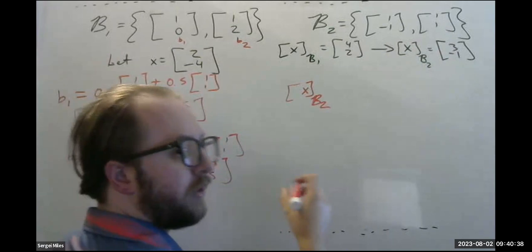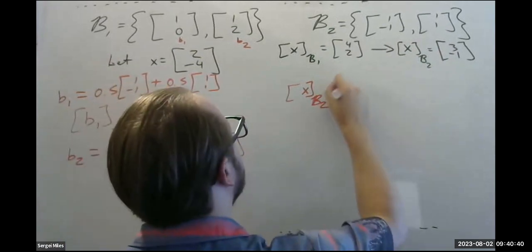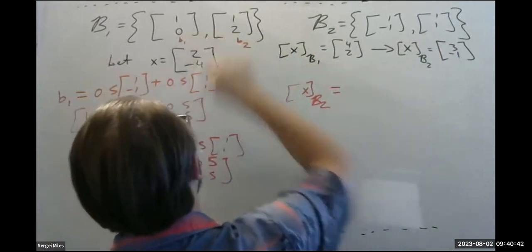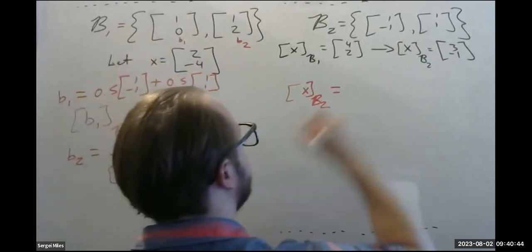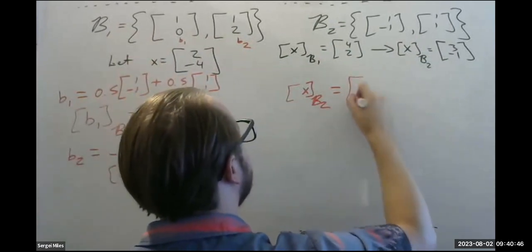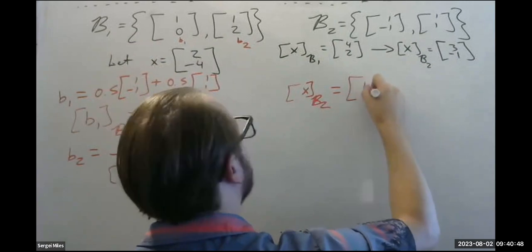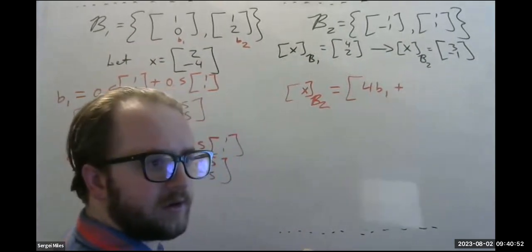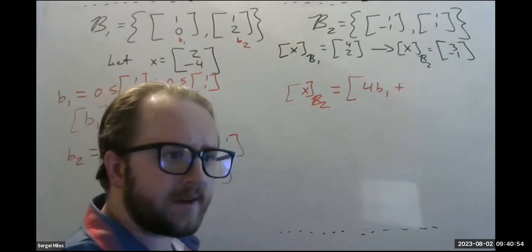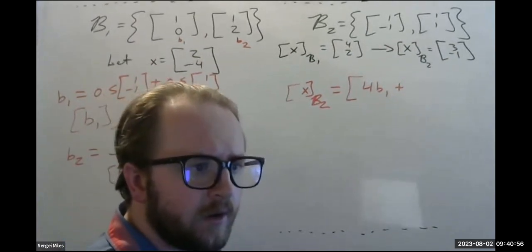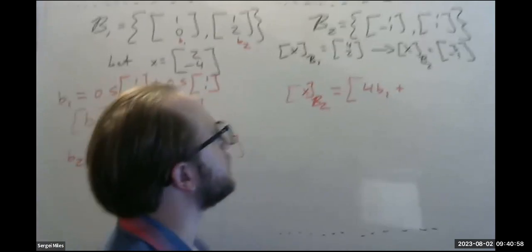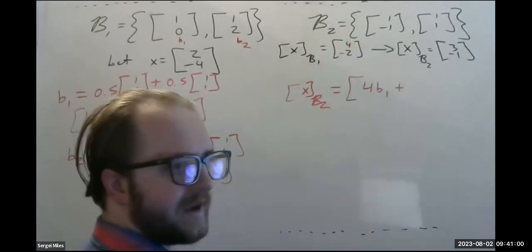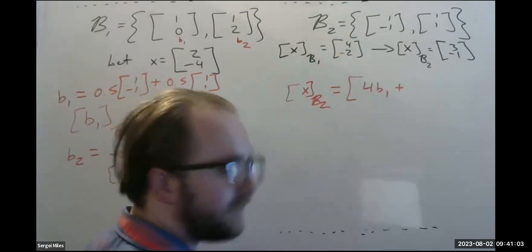Well, we already know x is a combination of the first basis vectors, right? x equals 4 times little b1 plus, oh wait, did I make a typo here? I did. x in terms of b1, this is negative 2. The negative does matter.